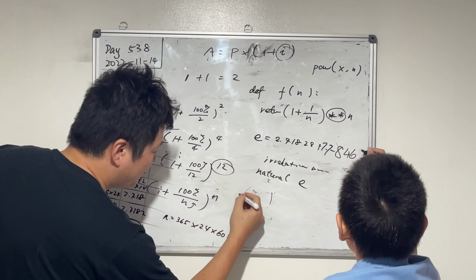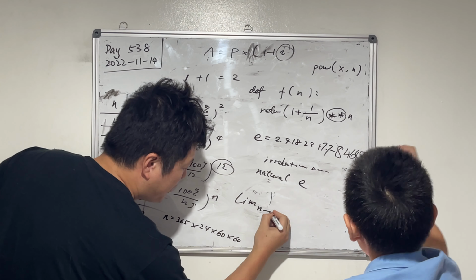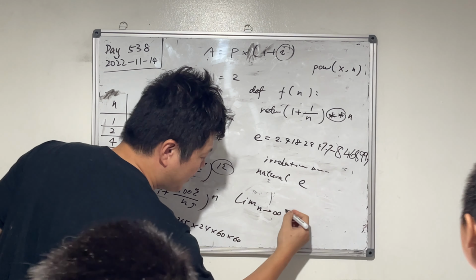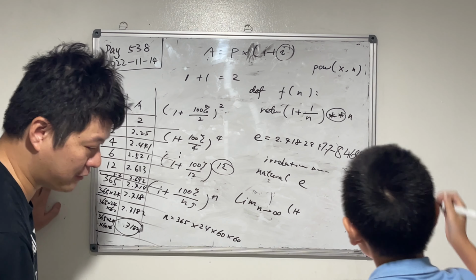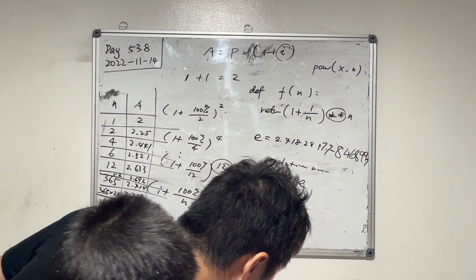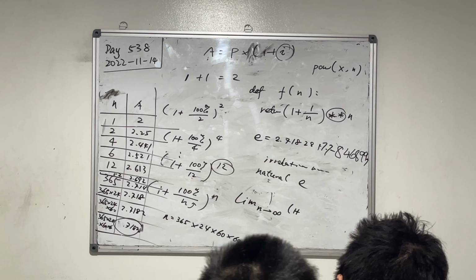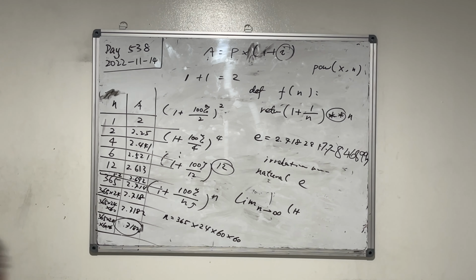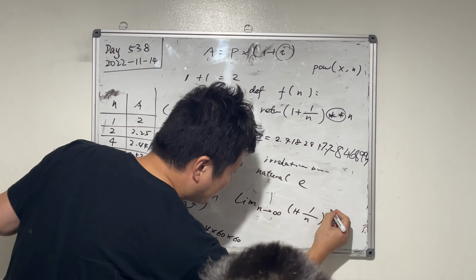Look, the limit when n approaches infinity. So we want to calculate this infinity. This is not E. E is this one: 1 plus 1 divided by n to the power of n.